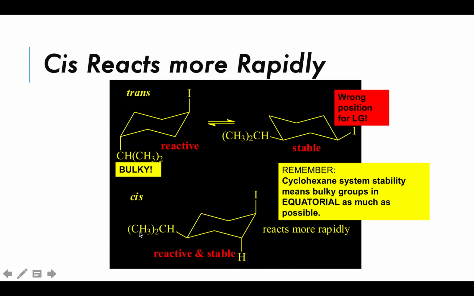This is happy being in the equatorial. This may not be happy being in the equatorial, but it's reactive now, or it's favorable now for the E2 reaction to happen. So anti-periplanar to this hydrogen, or anti-periplanar to a hydrogen down here. Now you have something that's actually reactive for E2.